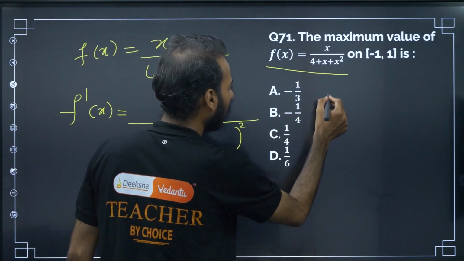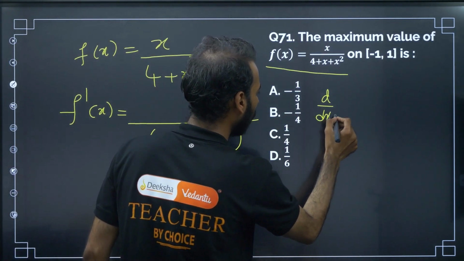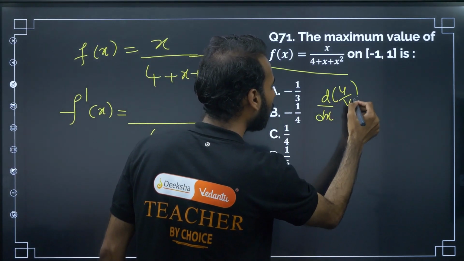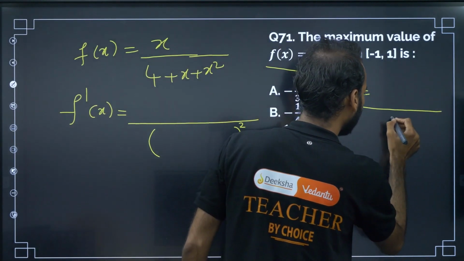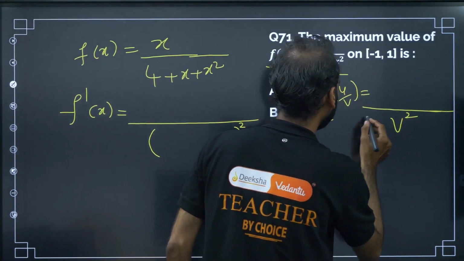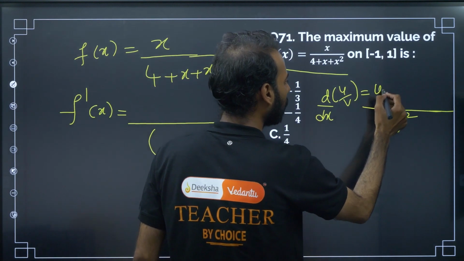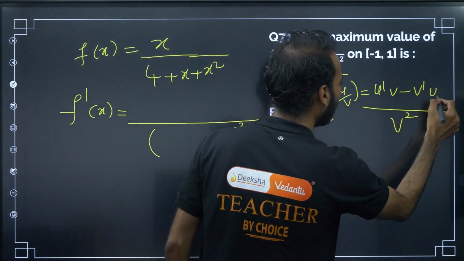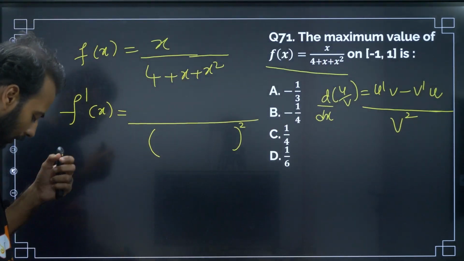denominator square, try to recall this formula, d by dx of u by v. For u by v, it is denominator square, v square, and then u dash v minus v dash u, we are going to get this.